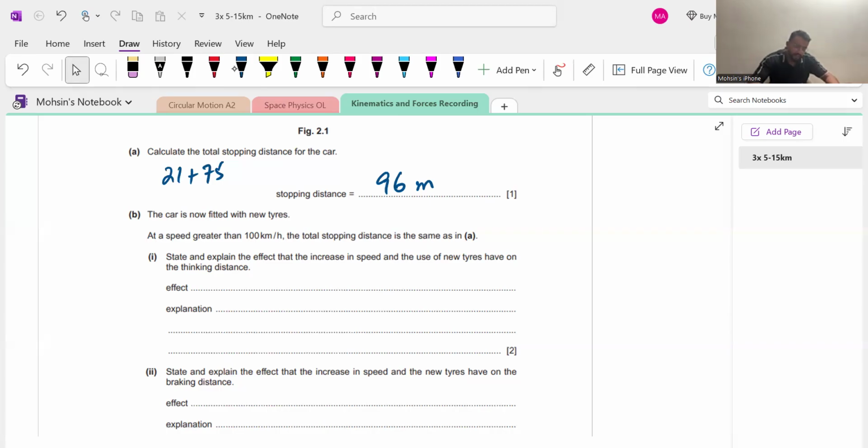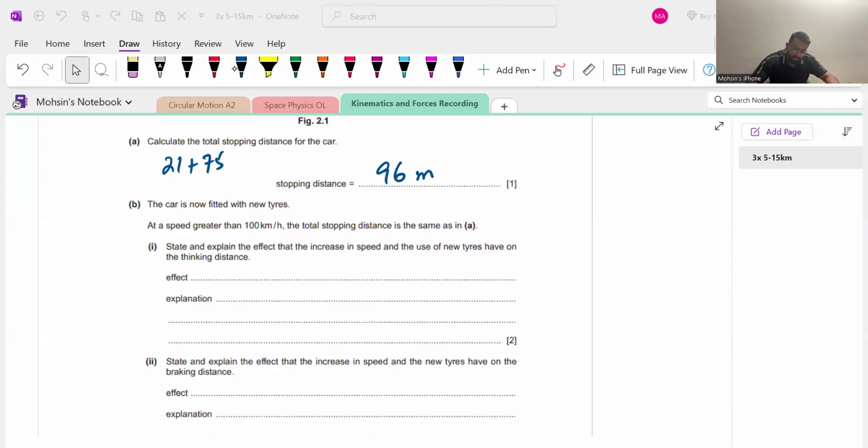Effect and explanation. The use of new tires is related to the braking distance, because tire and road combine to give friction. So if the tire condition is changed, if the tire is new or used, it affects the braking distance.